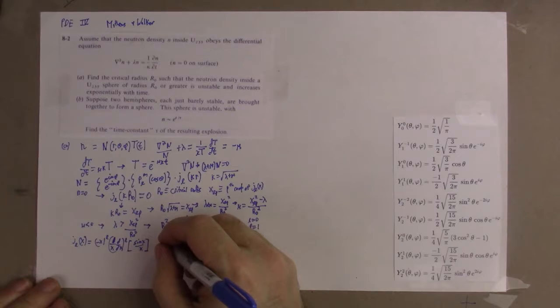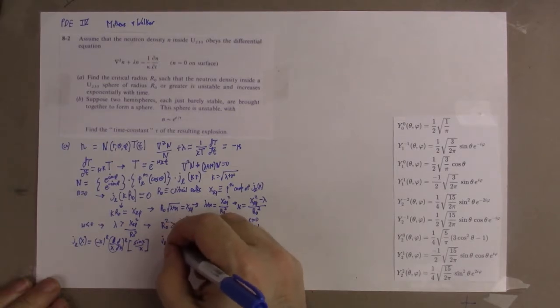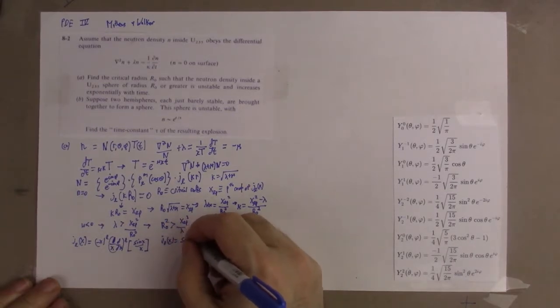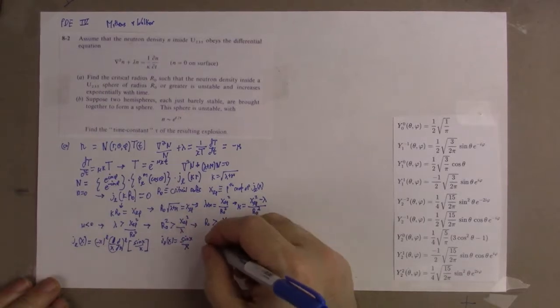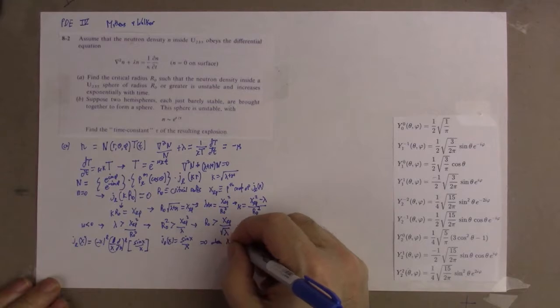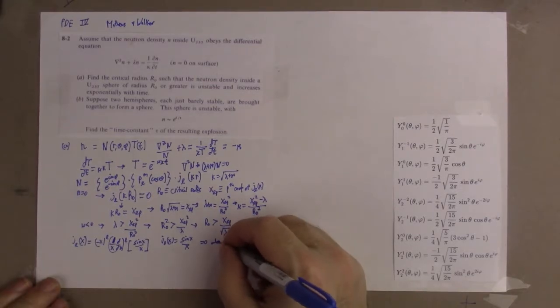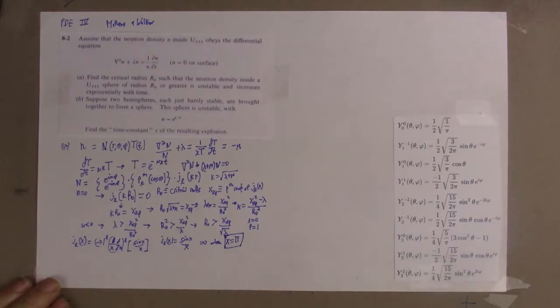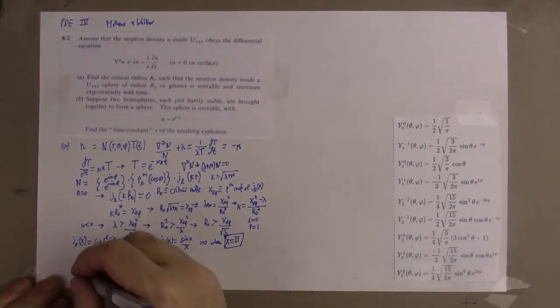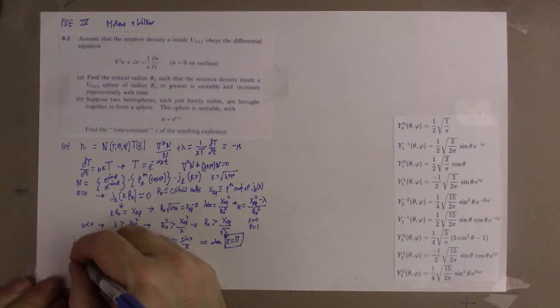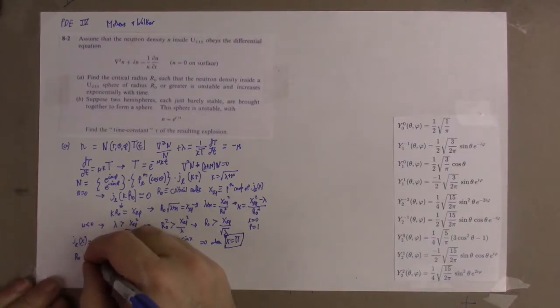And this simply means that J0x is equal to sine x over x. And this is equal to 0 when x equals pi. So that's our root. And so our critical radius is that R0 is equal to pi over the square root of lambda.